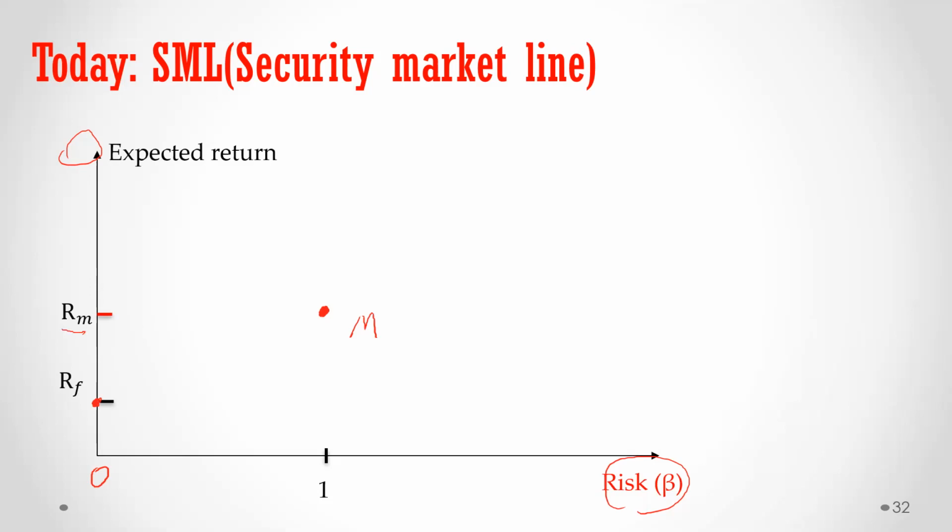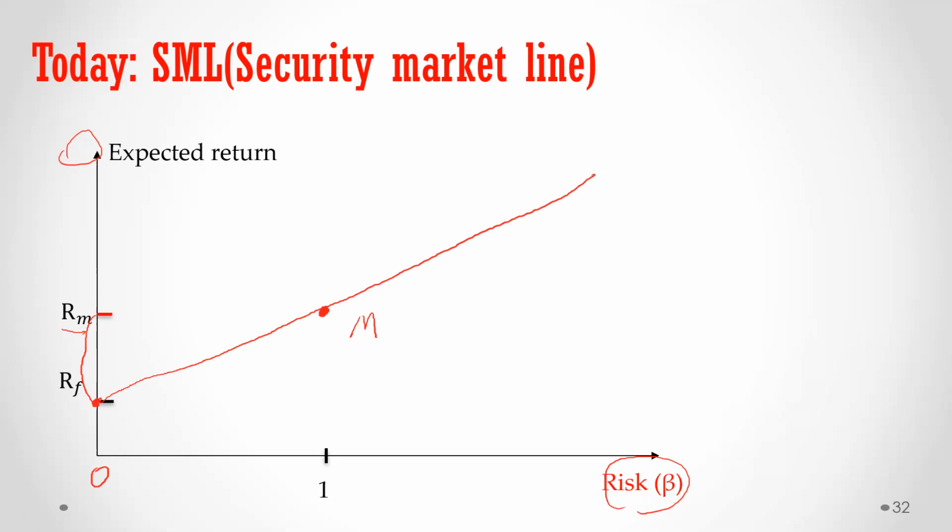The difference between the market portfolio's expected return and the risk-free rate is called the market risk premium. And the line connecting the risk-free interest rate and the market portfolio is called the security market line.